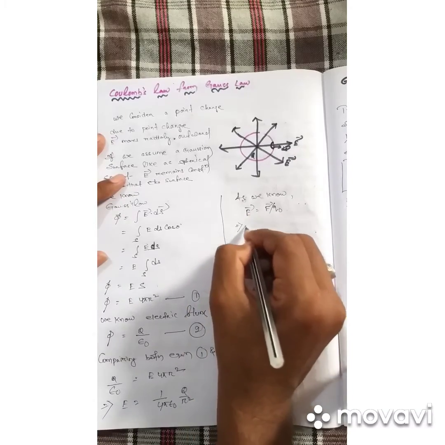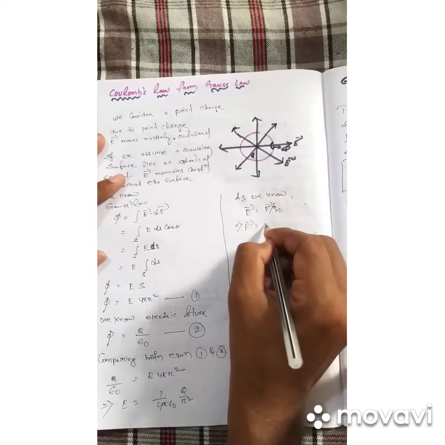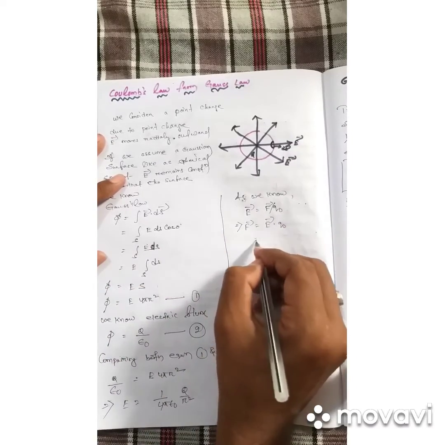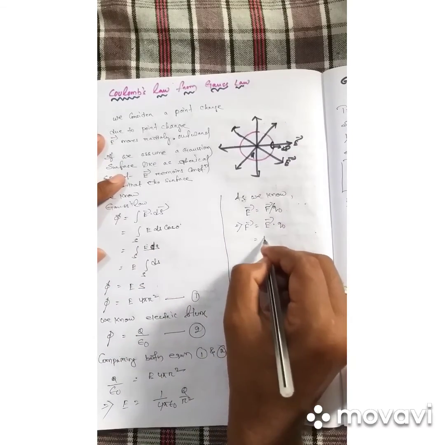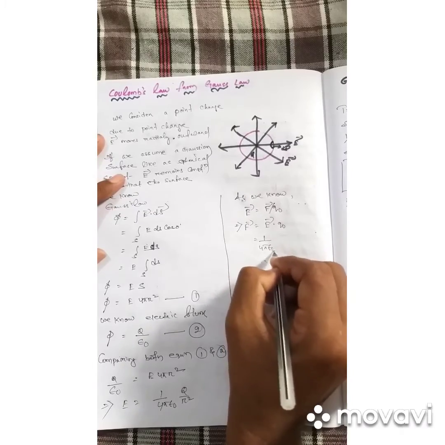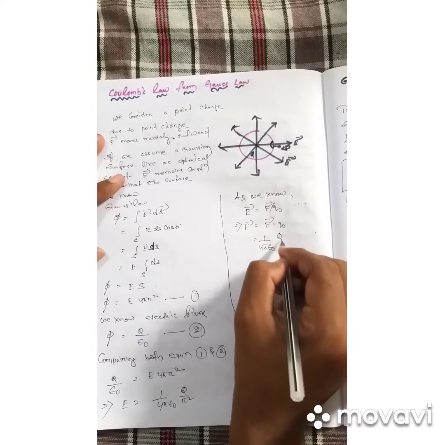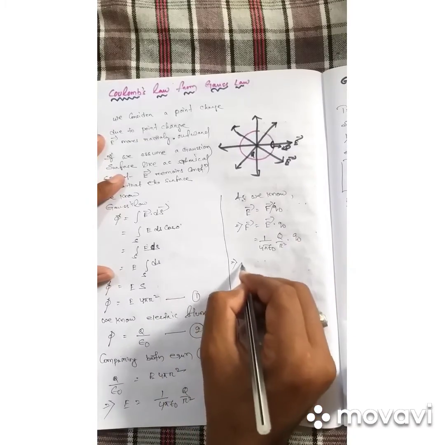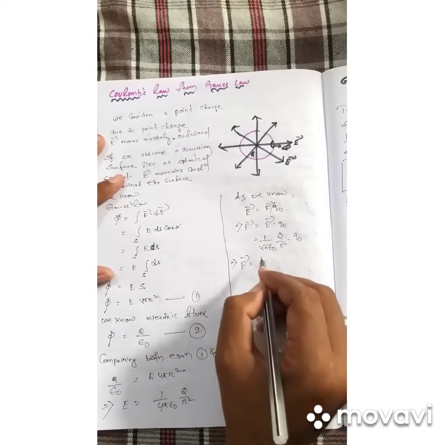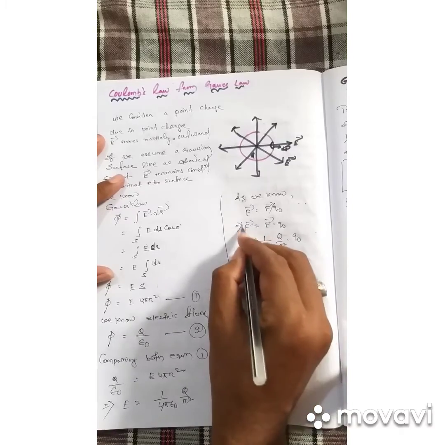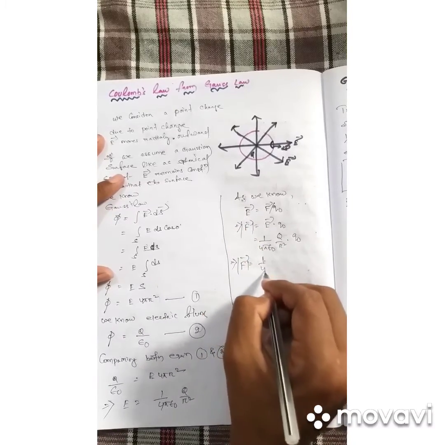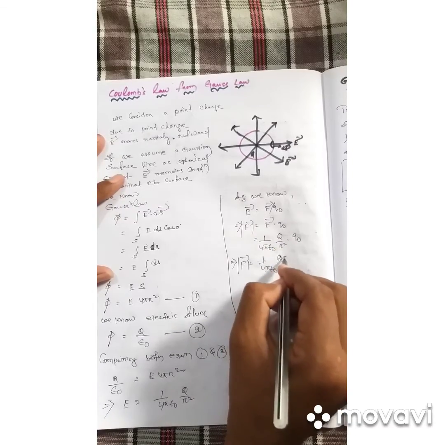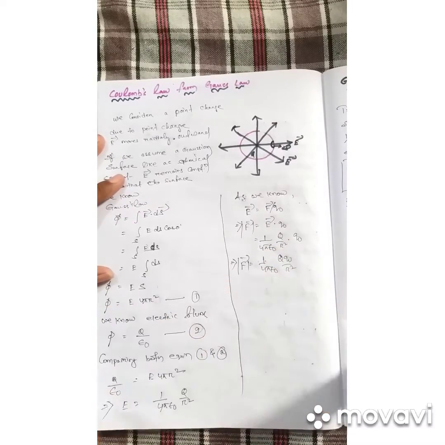That implies force equals electric field into test charge. So here you write electric field intensity as 1 by 4 pi epsilon 0 q by r square into q naught. So force, its magnitude, equals 1 by 4 pi epsilon 0 q q naught by r square.